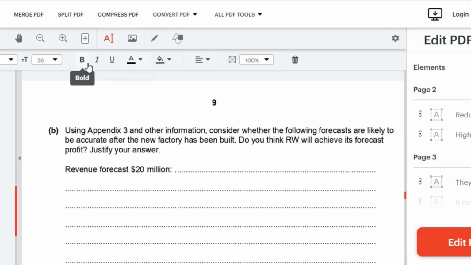This can actually increase, let's type it out. They can actually increase their output per year in order to increase the revenue and also lead to an increase in their revenue forecast.